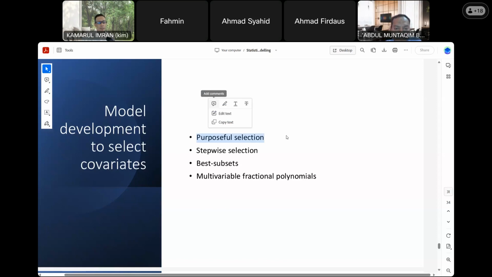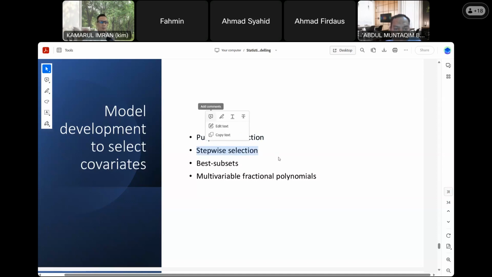Okay, I rasa dia tu datang daripada buku, daripada Hosmer and Lemeshow. I think Hosmer and Lemeshow proposed that purposeful selection. Dia tak cakap stepwise tau. Dia tak buat stepwise automatic tau. Dia cakap purposeful selection. Tapi of course lah ada stepwise selection.